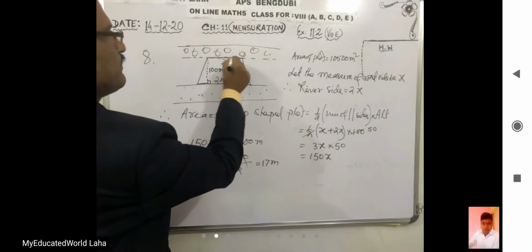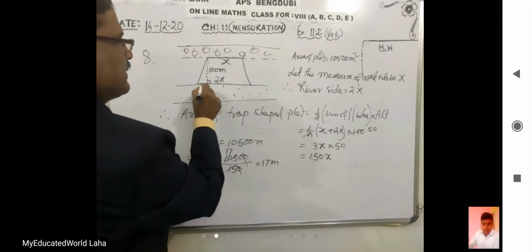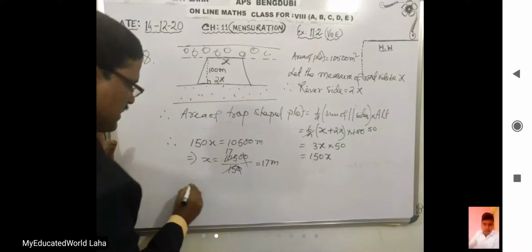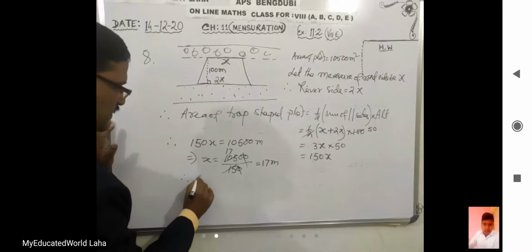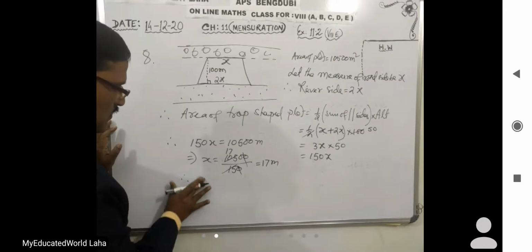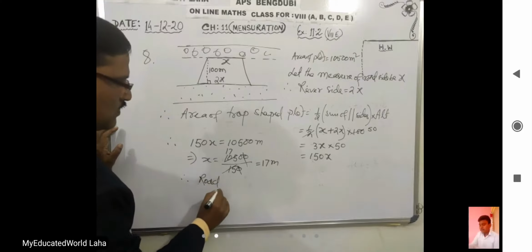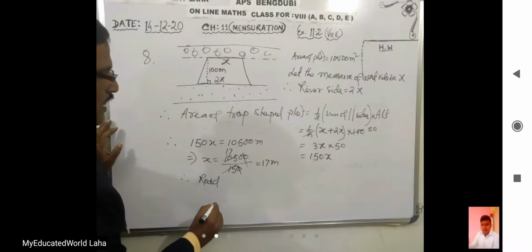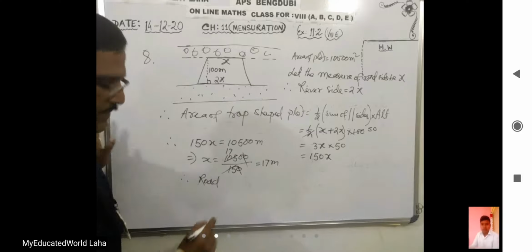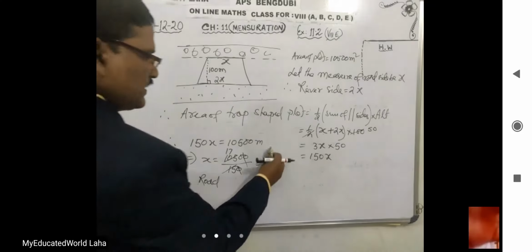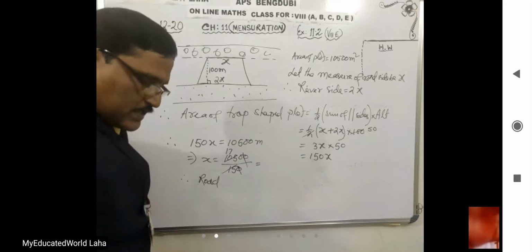The road side parallel side is 70, and the river side will be twice that.